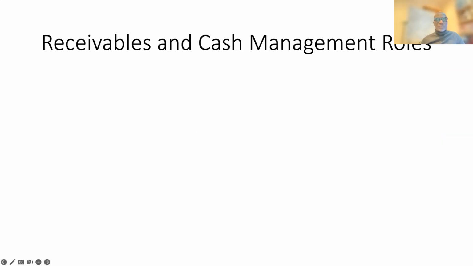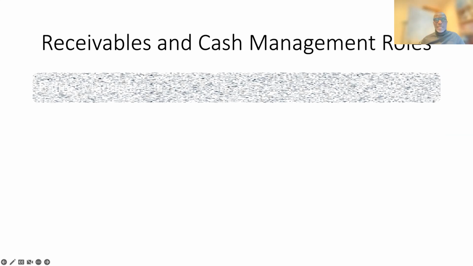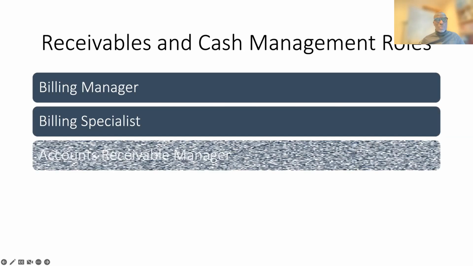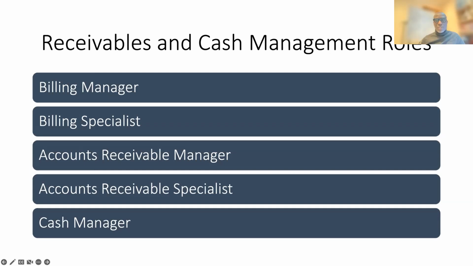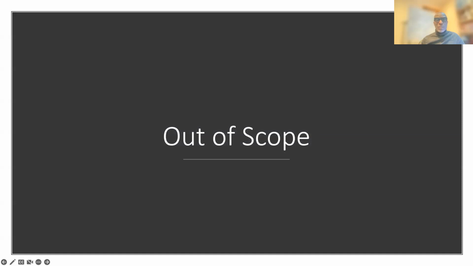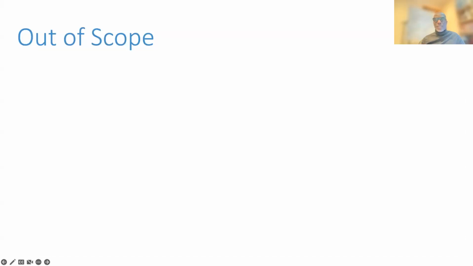And then you have your receivables and cash management. You have core roles that are available within the application. Now, when you get to define the scope, you need to at that same point state clearly what is out of scope. So for our own implementation, intercompany accounting is out of scope.